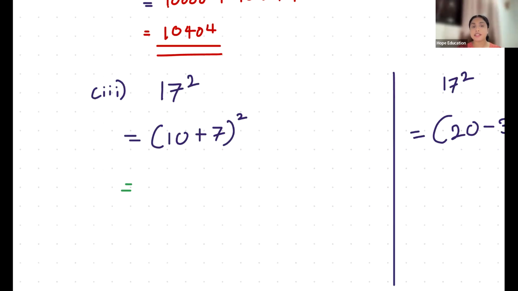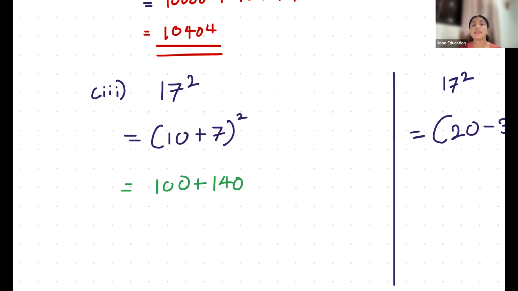We take the square of the first term. First term is 10. Square of 10 is 100. Here the charge is plus. Plus times plus, answer also gets plus. Then you multiply this by this and this. 10 times 7 is 70. 70 times 2 is 140. Plus times plus is plus, plus times plus is also plus.